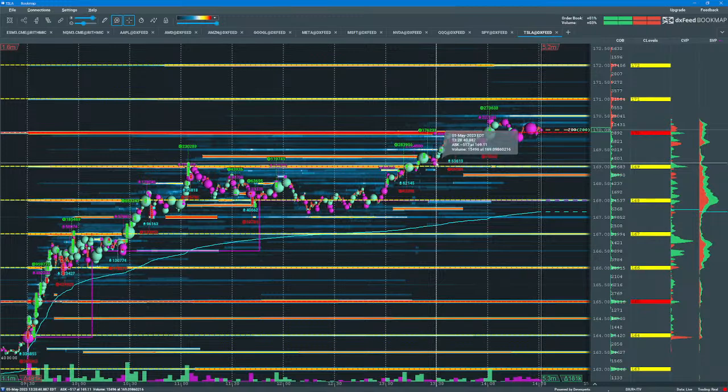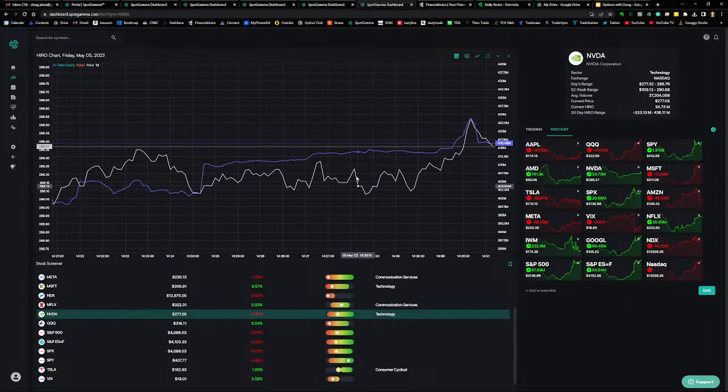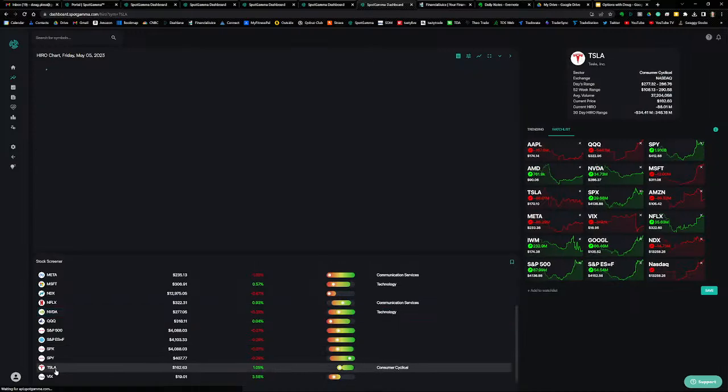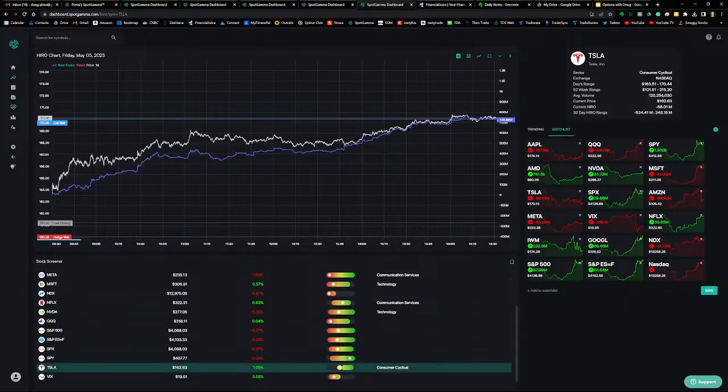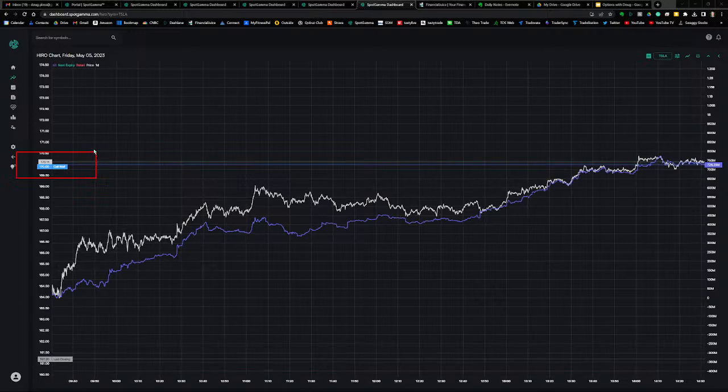All right, so here's Tesla, strong uptrend. Let's take a look at Hero for Tesla. And for Tesla, here is the 170 call wall. That was the target for today. And I would say keep an eye on Tesla as well and see how it reacts.